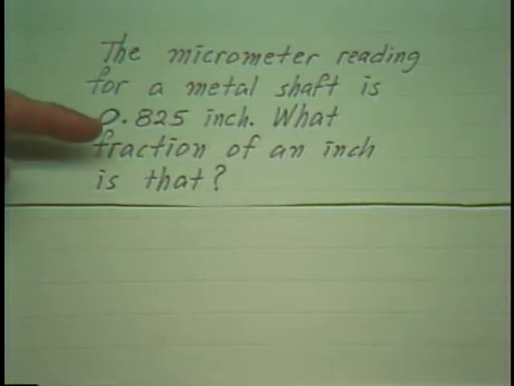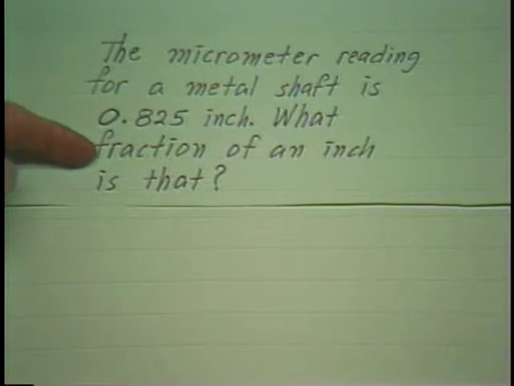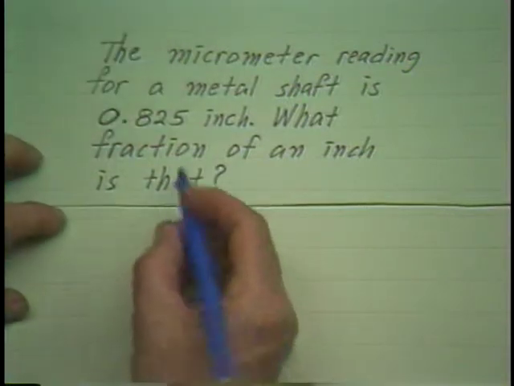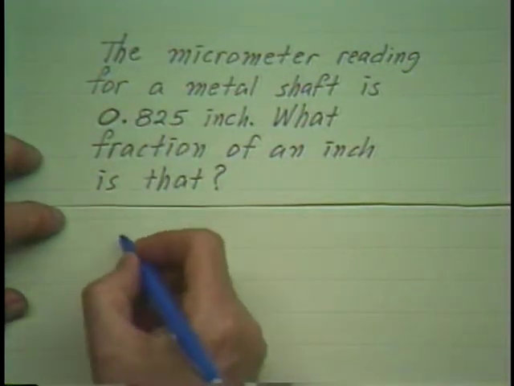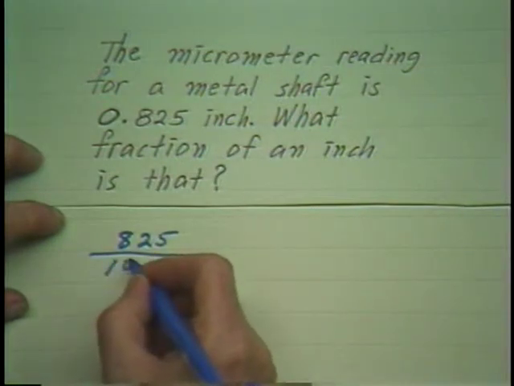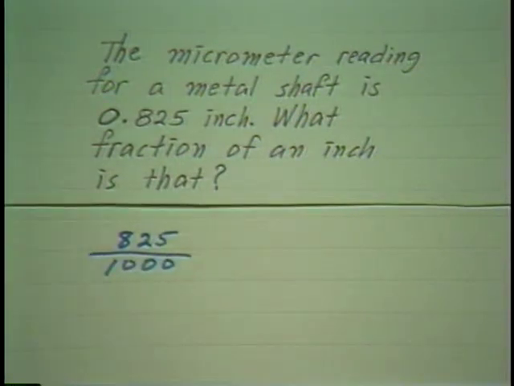And for some reason, we need to know its equivalent as a fraction. Okay, so we say the word name: 825 thousandths. Once you're used to the word name, it's actually very fast.